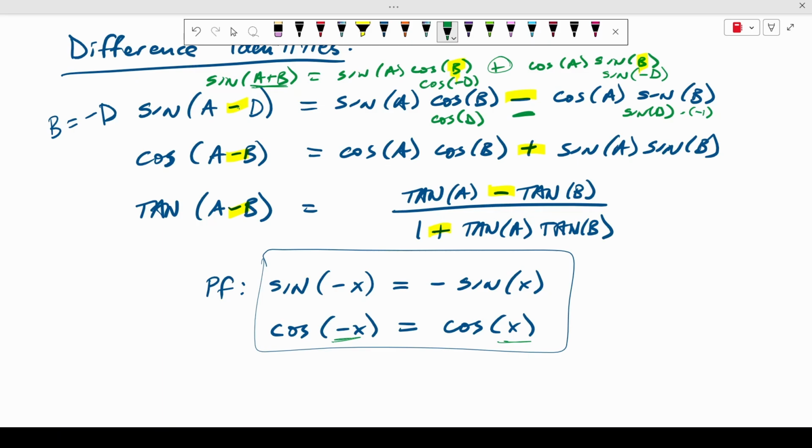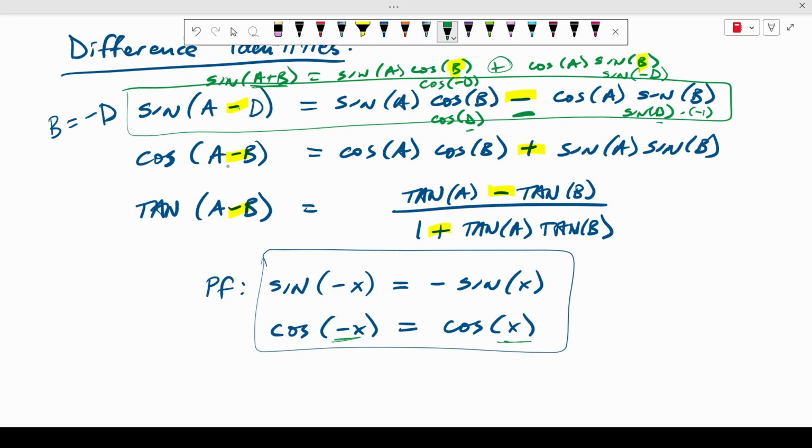And so I'm left with sine of A cos of D minus cos of A sine of D. Or if we want to replace our D back with the letter B, we get this formula here. Okay, now if you don't quite follow the proof, it's not a big deal, but that's how the proof works.